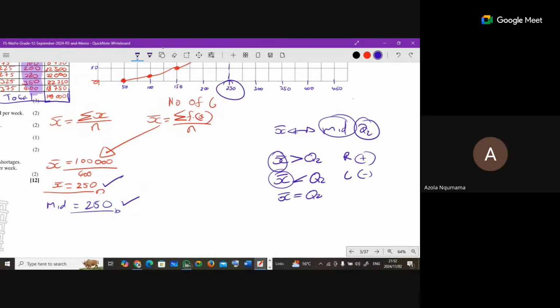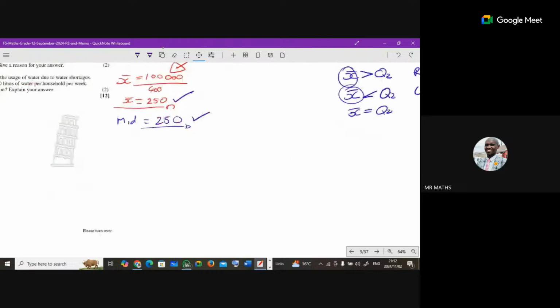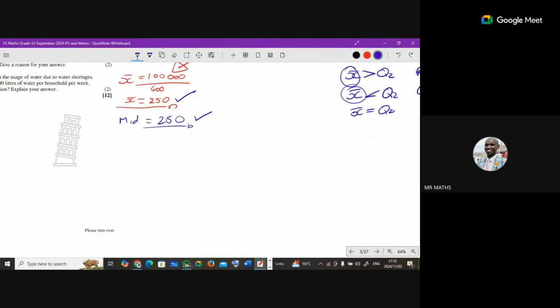It is symmetrical. The reason we say it is symmetrical is simply because the mean is equal to the median, which is equal to 250.